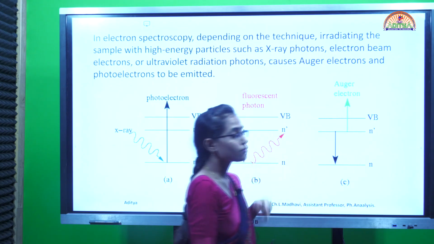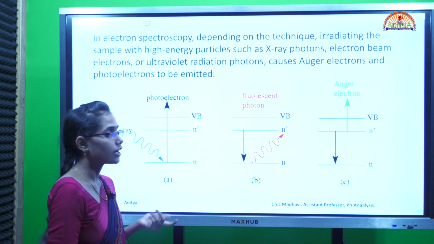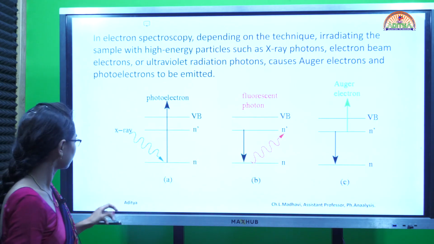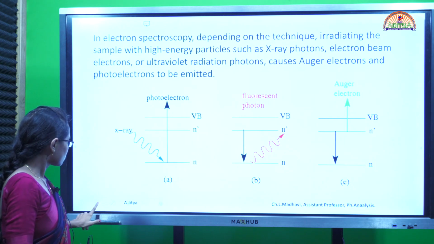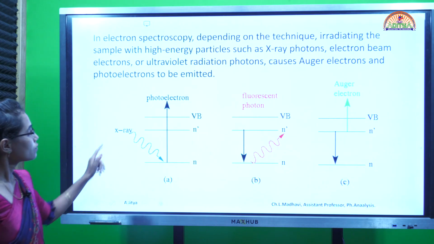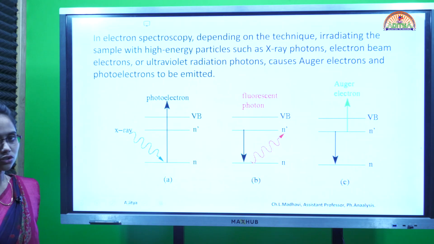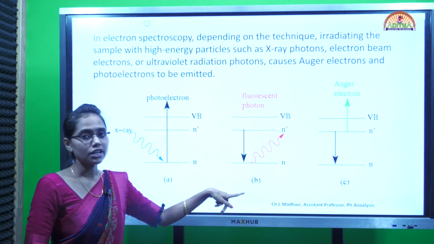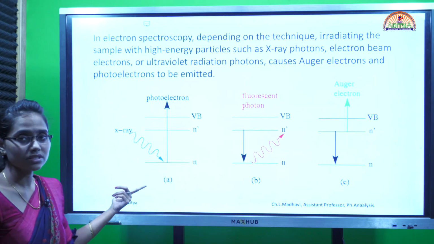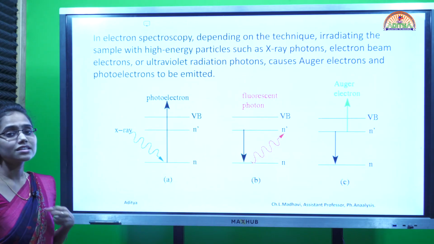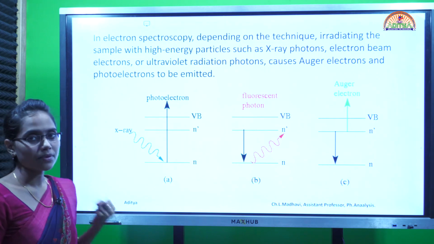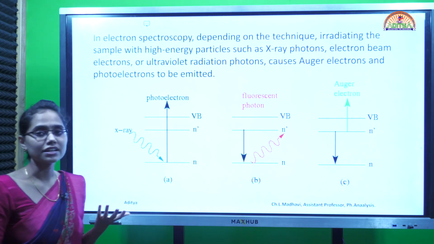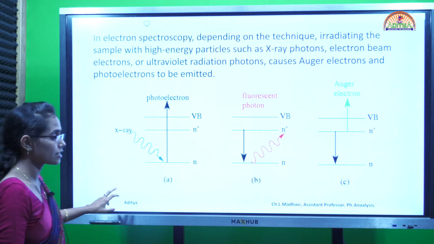That electron is called the Auger electron, and the phenomenon is called the Auger phenomenon. So this is the formation of photoelectrons and Auger electrons. These two types of electrons, though different in their physical origin, carry similar chemical information. Their origin is different, but the information they carry about the chemical species is the same.